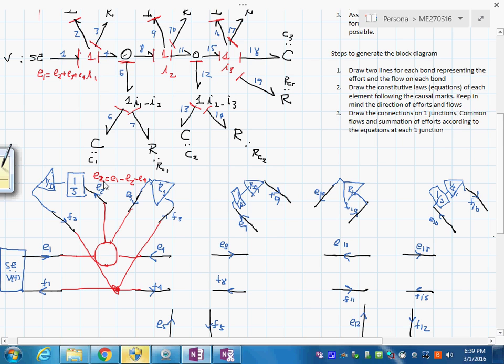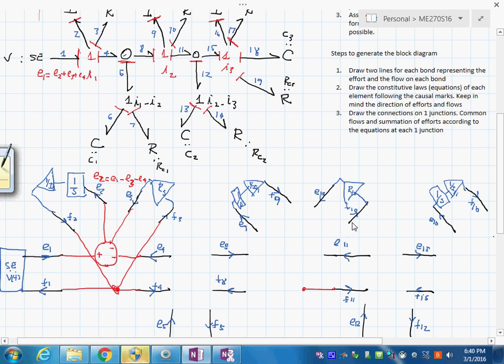So really, this is E sub 9 is equal to E sub 8 minus E sub 10, and then minus E11. So E11 is a minus, 10 is a minus, and this is a plus.